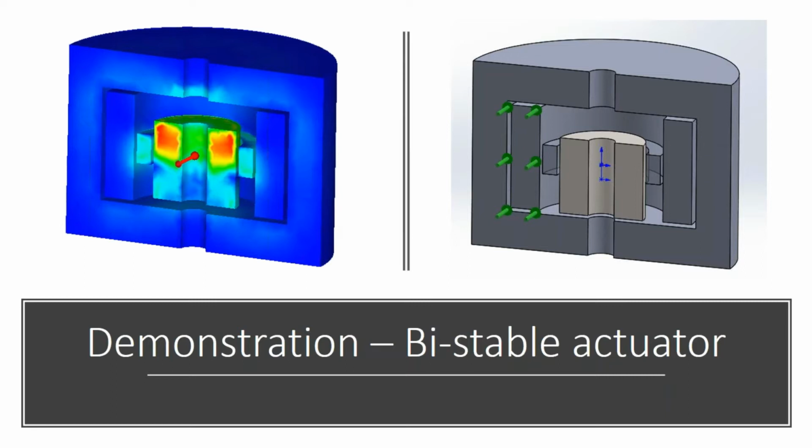How long does it take to travel a particular distance? Once it travels that distance, what is the locking force? And finally, what happens when I change the excitation? Does it still actuate under a given time frame, and so on? For this particular micro actuator, it is desired for the actuation to happen within 5 milliseconds. That's really the design parameter that we are using to design this actuator.